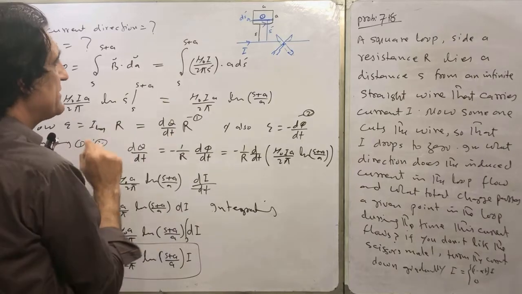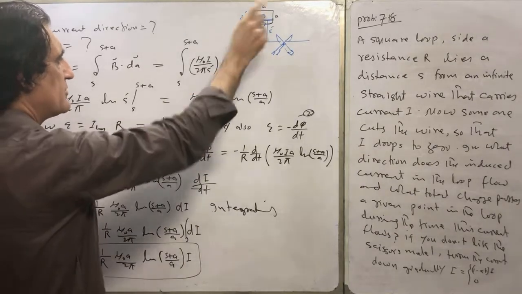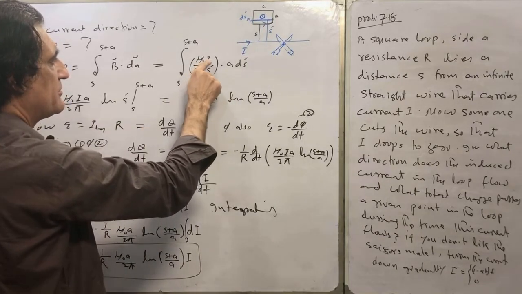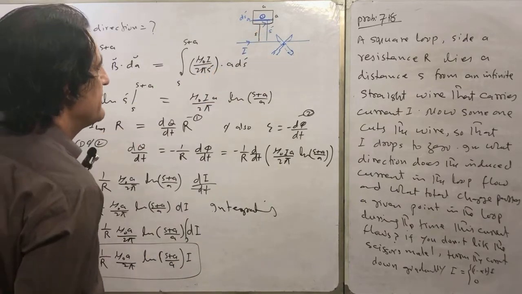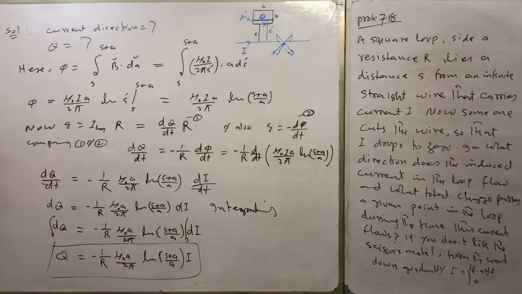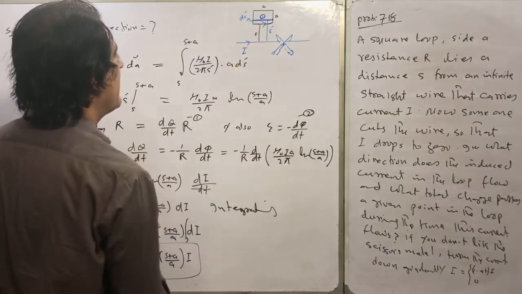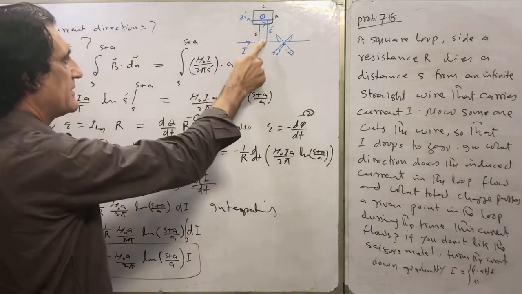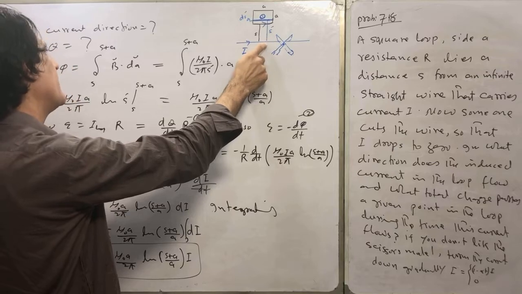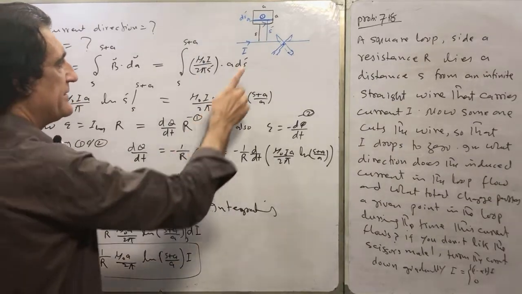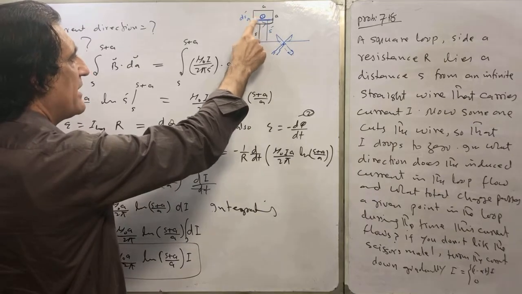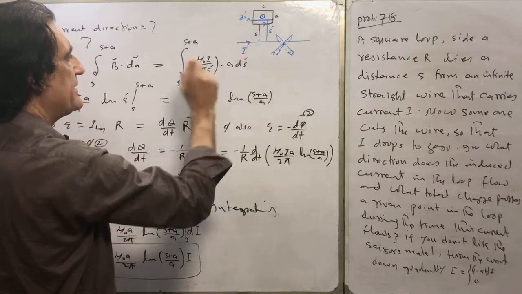The magnetic field is equal to mu naught I over 2 pi s prime. For this strip, the blue one, which is at a distance s prime from the wire, the area will be equal to a ds prime.